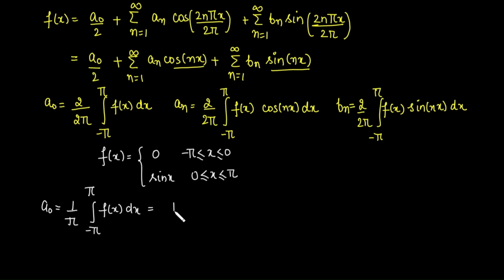This is equal to 1 by pi as it is. Split this integration because the function is divided into two parts. One is from minus pi to 0, function value is 0, plus then 0 to pi, function value is sin x.